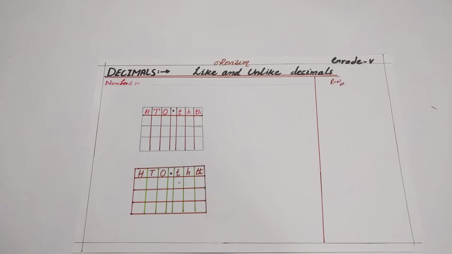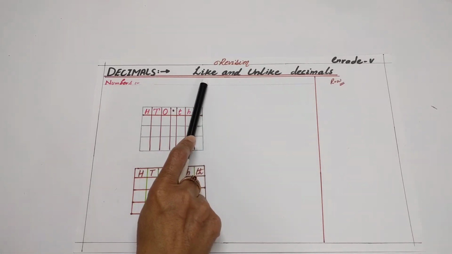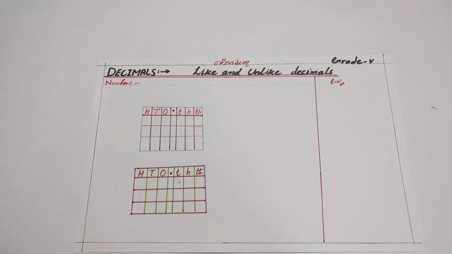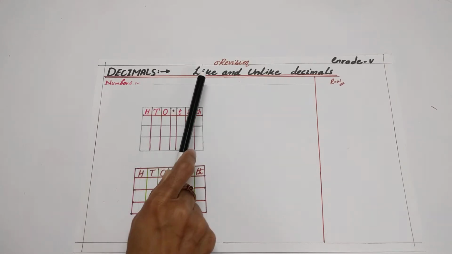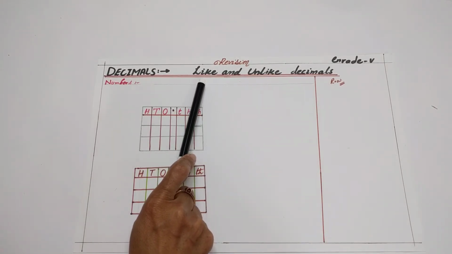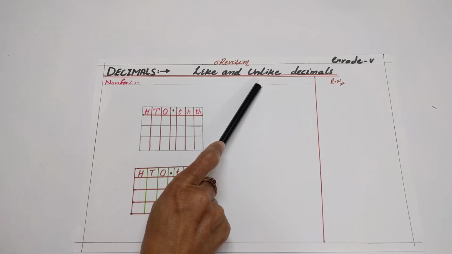Dear students, do you remember how we set the decimal fraction in the place value chart? As you have learned about like and unlike decimals, what are like decimals? In like decimals, the decimal places of the given numbers will be the same, and in unlike decimals, the decimal places of the given numbers will be different.